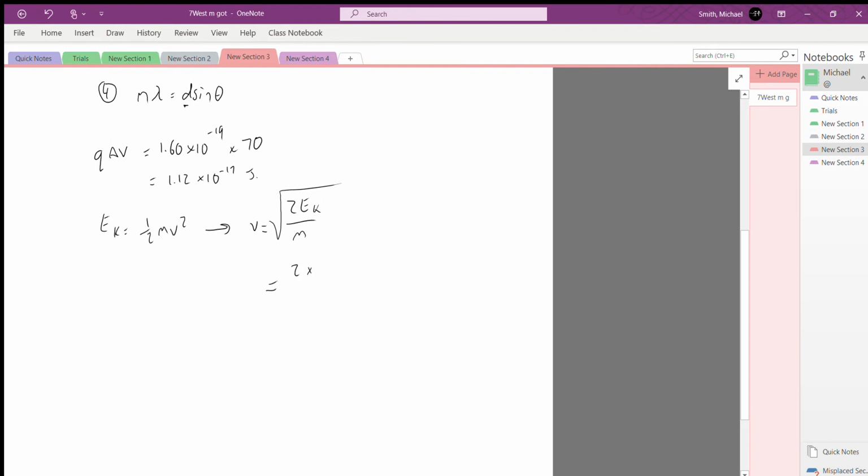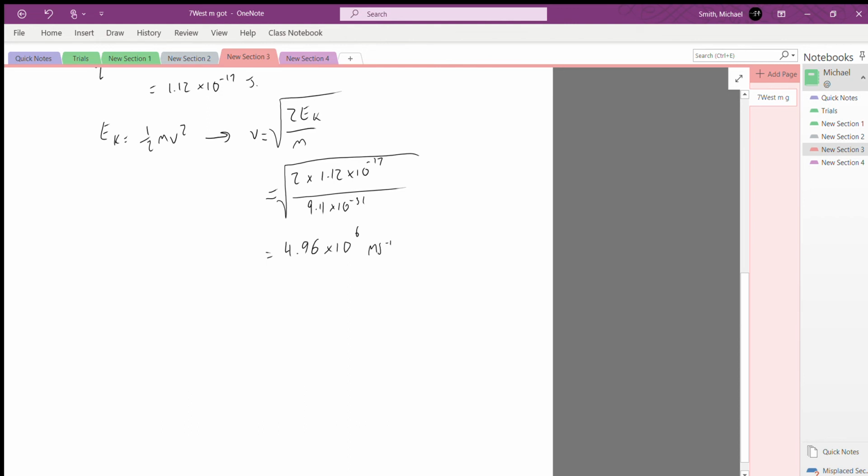So 2 times our energy from before, which is 1.12 times 10 to the power of minus 17, all divided by the mass of an electron, which is 9.11 times 10 to the power of minus 31, all square rooted. And if we calculate that, we get 4.96 times 10 to the power of 6 meters per second.